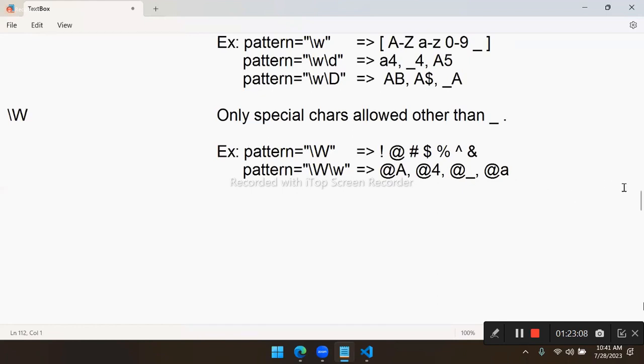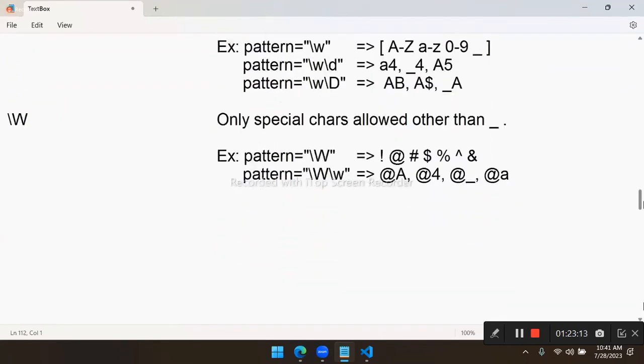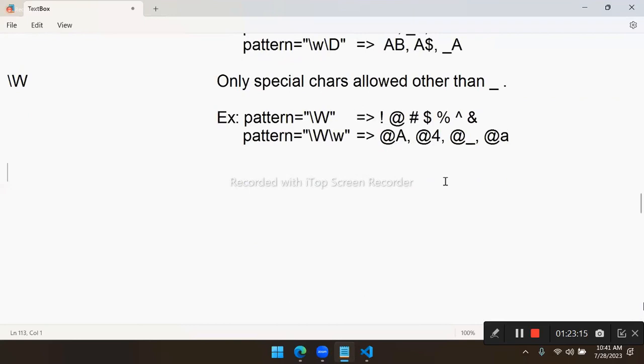So these are so many special characters. These are all meta characters we are having. Now combinations, I will tell you, we will use the combinations here. So here we have another option. Suppose if I write a-z, what does this mean? Only lowercase letters.